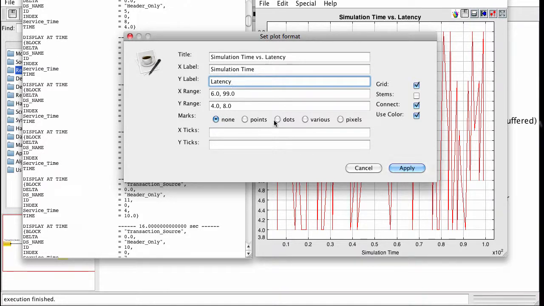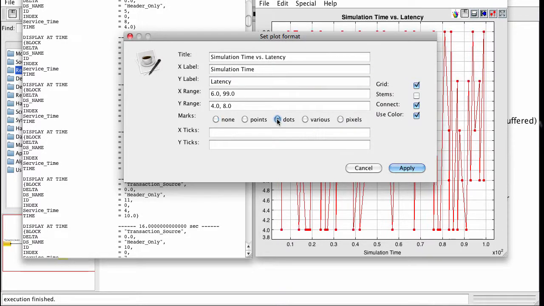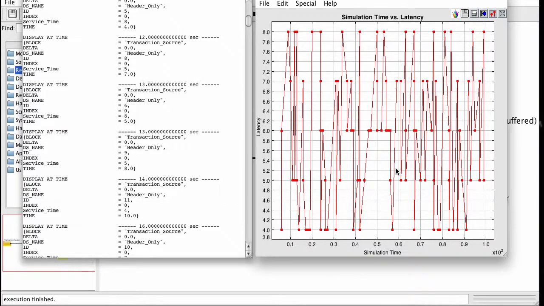And here I would like to have these displayed as a series of dots and connection among those dots to look at the latency. And so we see various latencies for the transaction as the simulation runs.